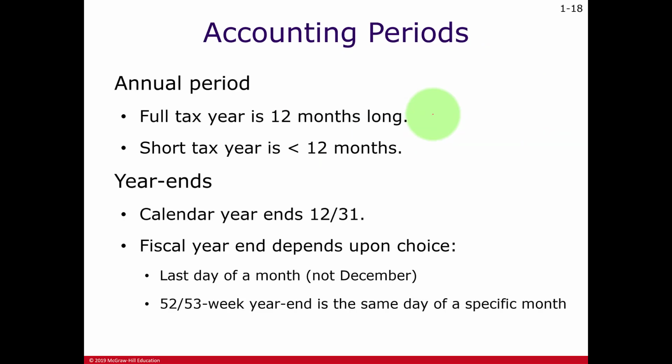So let's take a look at accounting periods. In other words, what period of time are you going to be doing your tax return? And of course, all of us know we prepare a tax return every year. And for individuals like you and me, we use a calendar year. In other words, from January 1st through December 31st, we would report all our taxable income and deductions and file that one return.